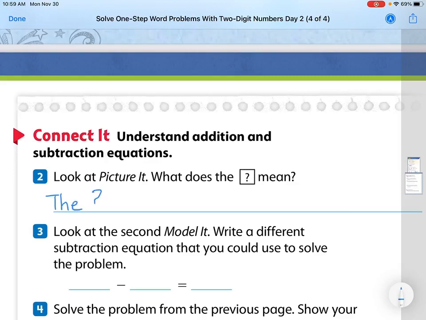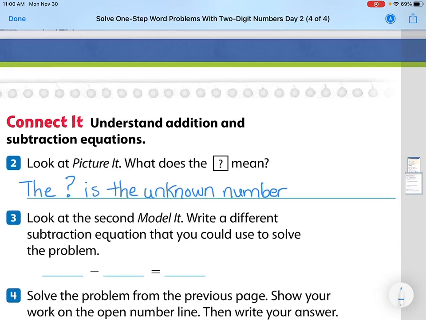The question mark is the unknown number, and the boy's name was Todd, so we'll go ahead and write his name. The question mark is the unknown number Todd scored in level 1.